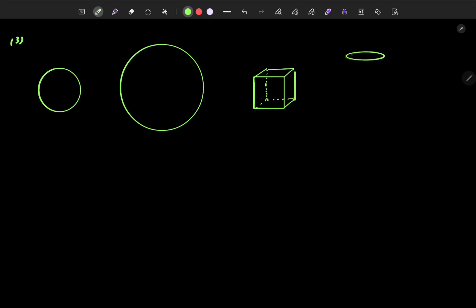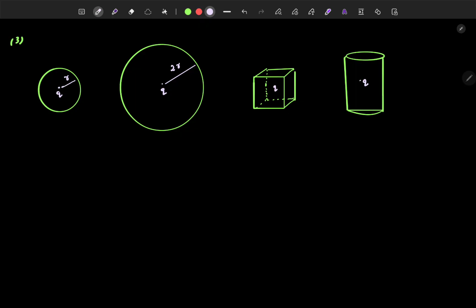And the last one is cylindrical shape. So in the first case, the radius is r, the charge is present at the center. In the second case, the Gaussian sphere is a sphere of radius 2r and charge is present at the center. And here charge is present inside the cube. Here charge is present inside the cylinder.